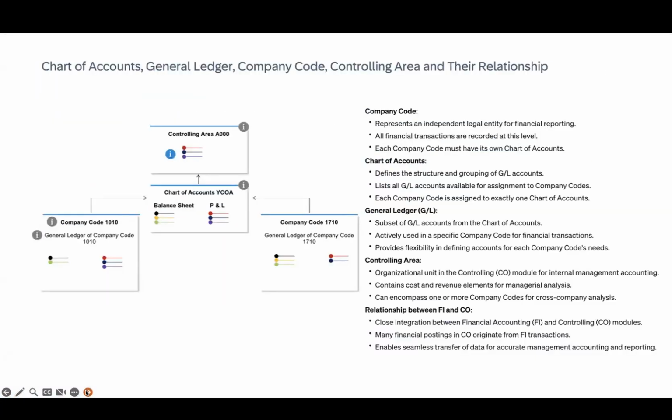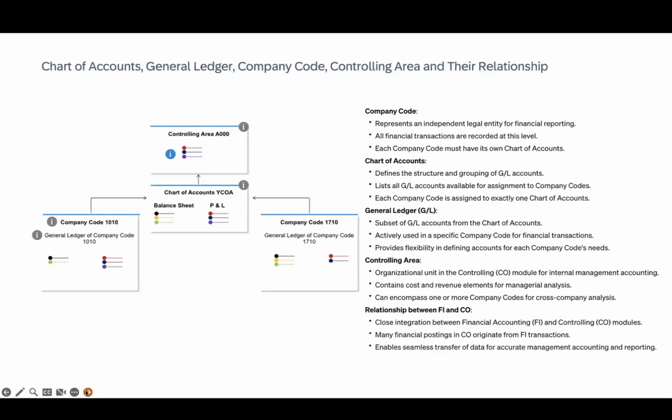So when we look at the overall picture, and this is probably not a complete picture, but it's a starting picture of where we're at. We look directly and centrally at the chart of accounts in the middle.